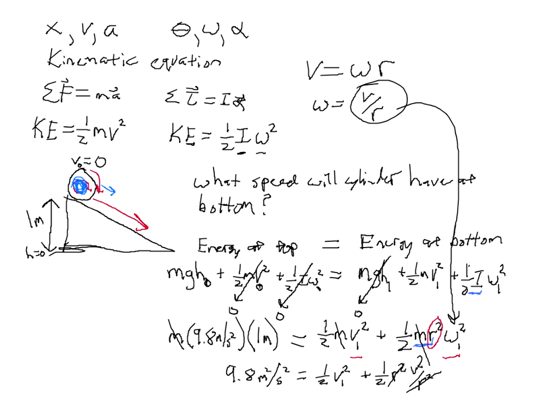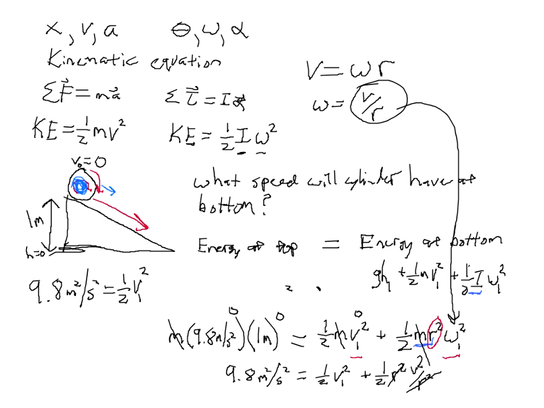So we now have 9.8 meters squared per second squared equals 1/2 v1 squared plus 1/2 v1 squared. Well, 1/2 v1 squared plus another 1/2 v1 squared is just 1 v1 squared.